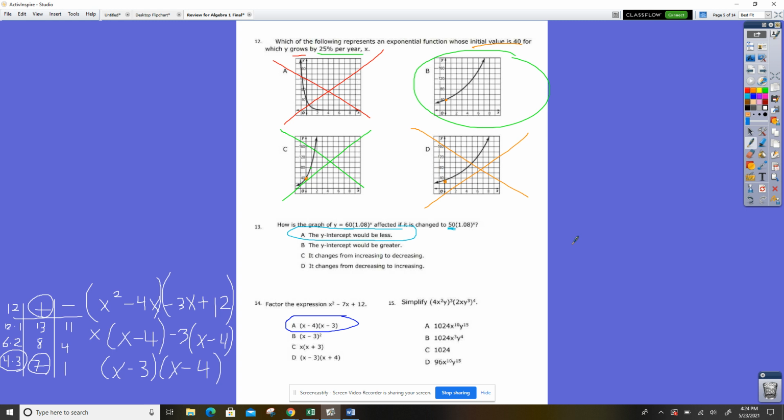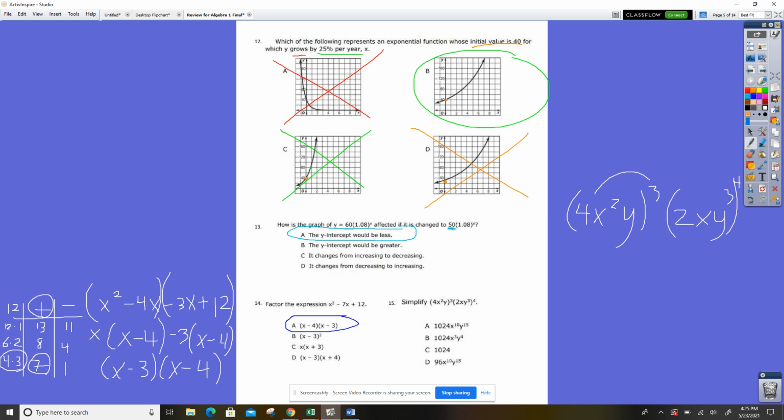The next question we have is number 15. It says to simplify 4x squared y to the power of 3 times 2xy cubed to the power of 4. Okay, now anytime we have a power taken to a power, which is what we have going on with this 3 on the outside and the 4 on the outside, we have to first take everything in those parentheses to that power.